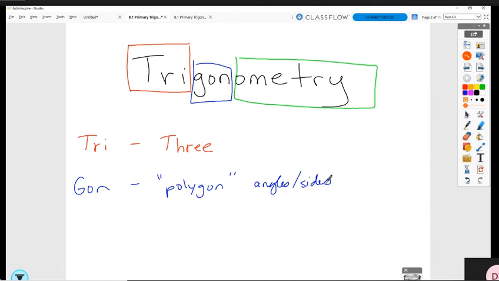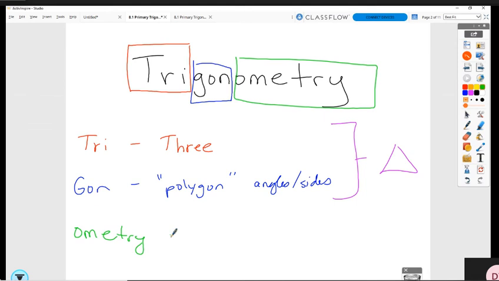So what we're talking about in trigonometry are only trigons, or really, we don't really say trigon, we say triangle. So really, so far, these two come together and create triangles. Yeah? Now the last one here, the suffix ometry.